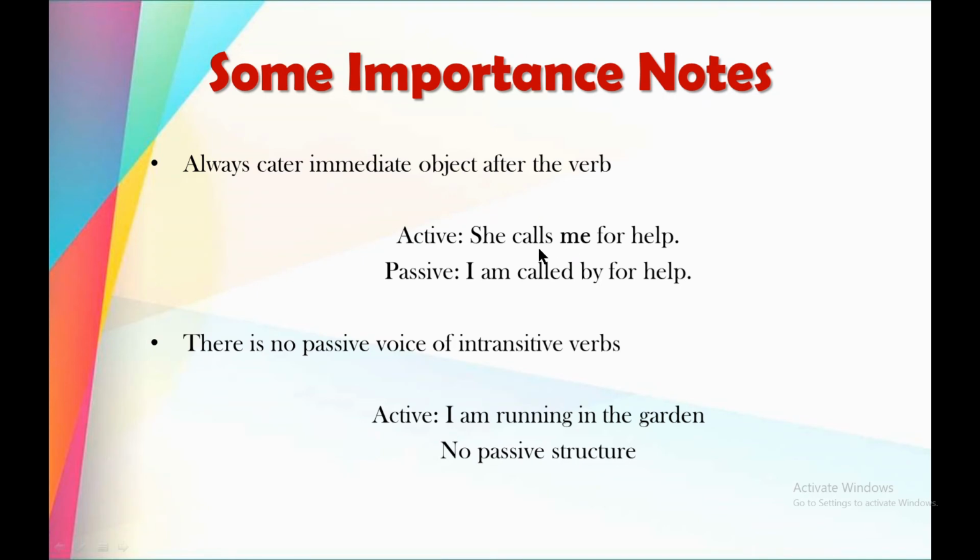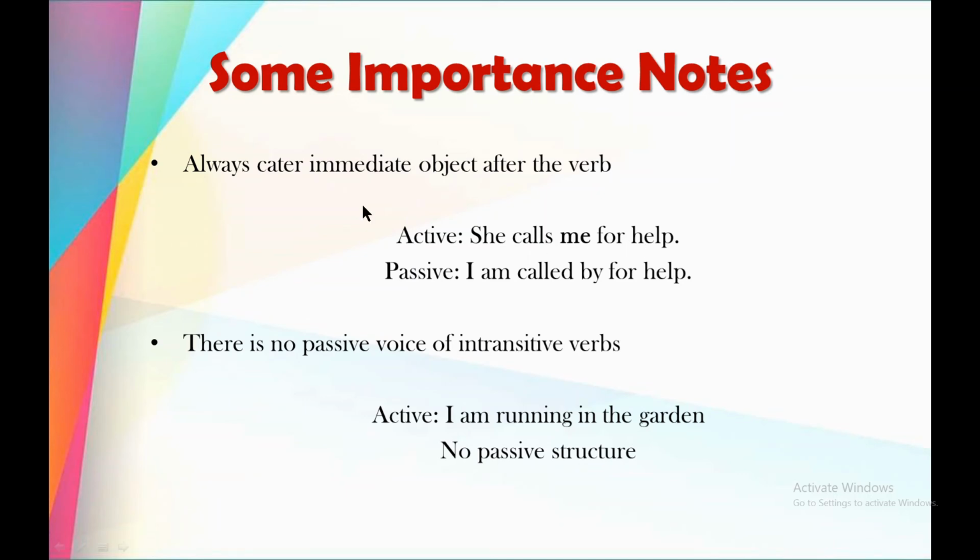Calls is your verb and me is your object. This is not your object. So right after the verb, there is your object, so it would become your subject. So I am called by her, and there must be her over here as well. I am called by her for help. So this is the passive structure of she calls me for help.